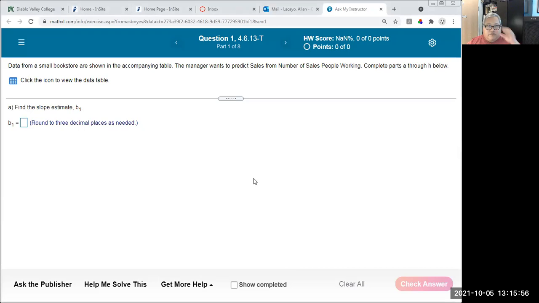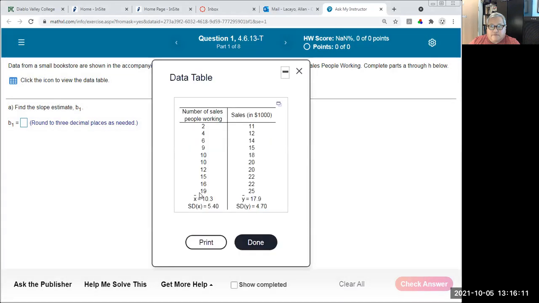So in this particular question, rather than being given a model of how X explains Y, like in the previous exercise, you're actually given raw data.